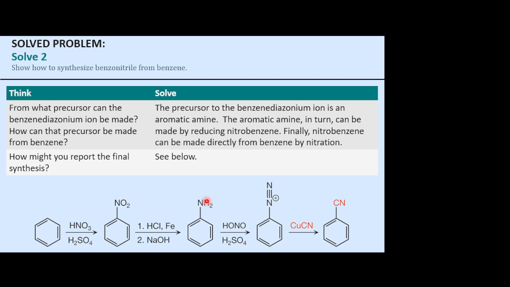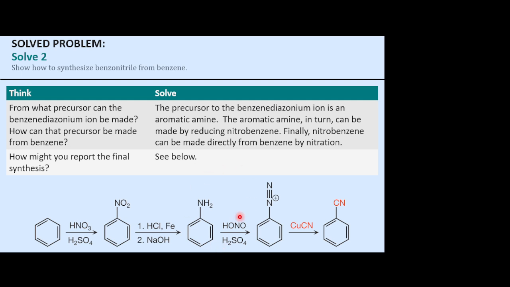The next step is taking this aniline. Remember that these are contrived conditions that we have to set up. This is going to be the nitrous acid, HONO. Everybody okay with HONO? Kind of fun to say. HONO and sulfuric acid, right?